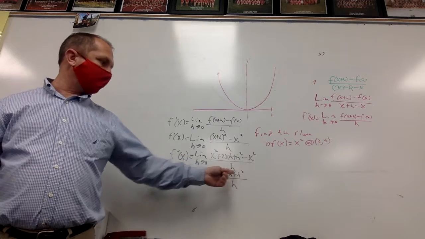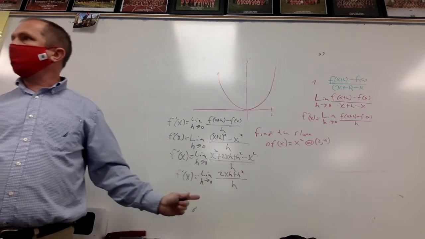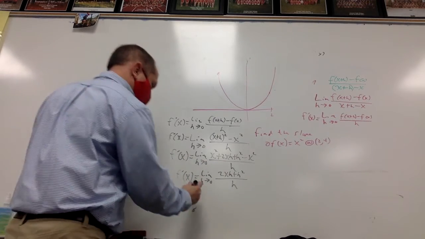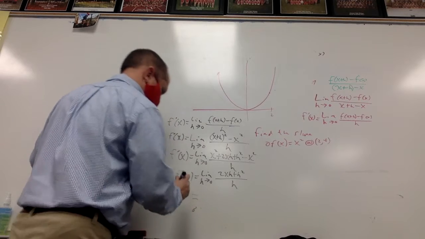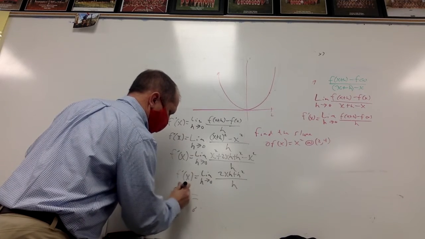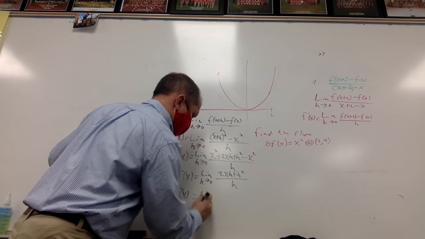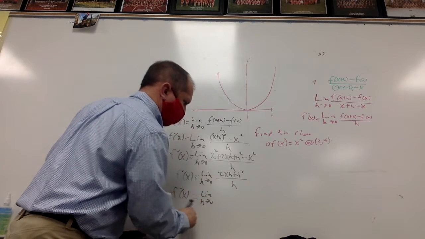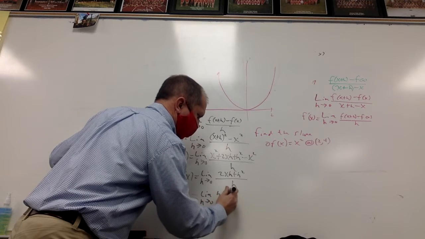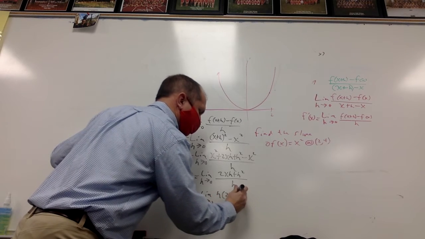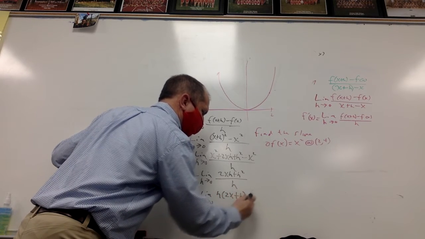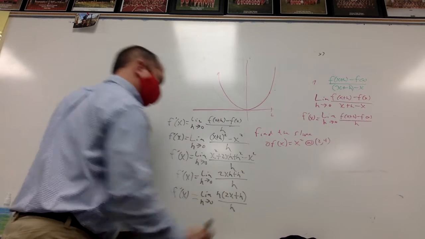So what I can do here is factor out an h from everything in my numerator. So I get that f prime of x equals the limit as h approaches 0 of h times 2x plus h over h.